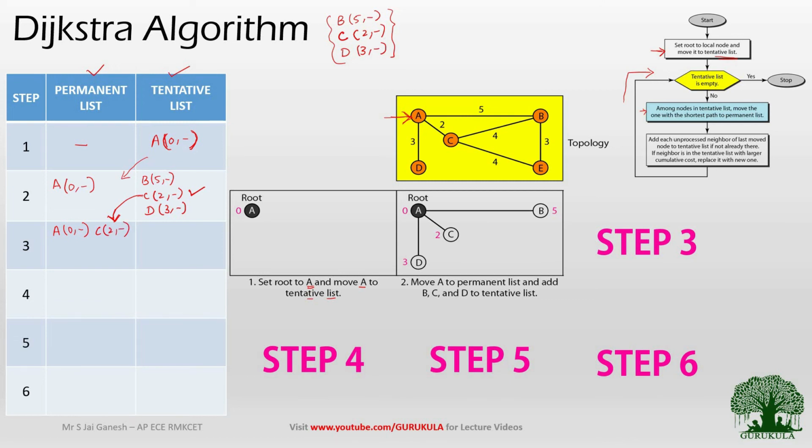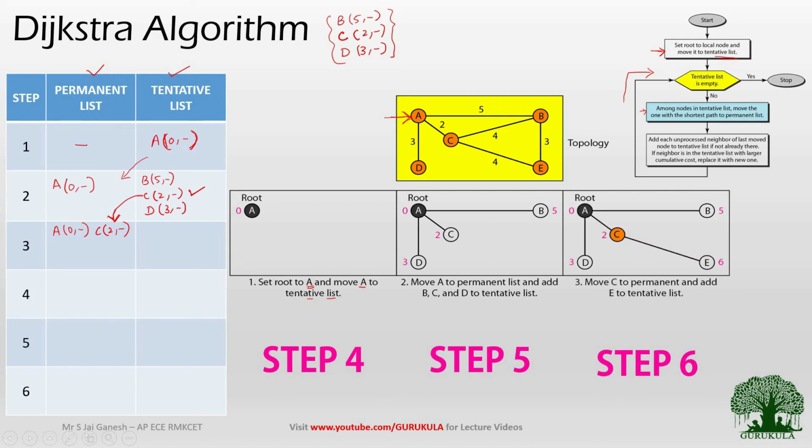Once C is moved to the permanent list, I need to add the neighbors of C to the tentative list. Now let us see what list I get if I move C over there.